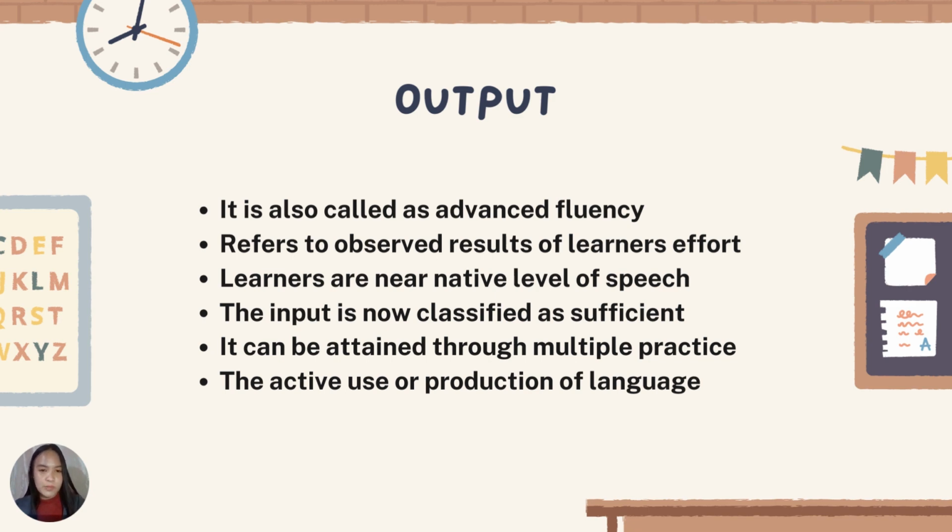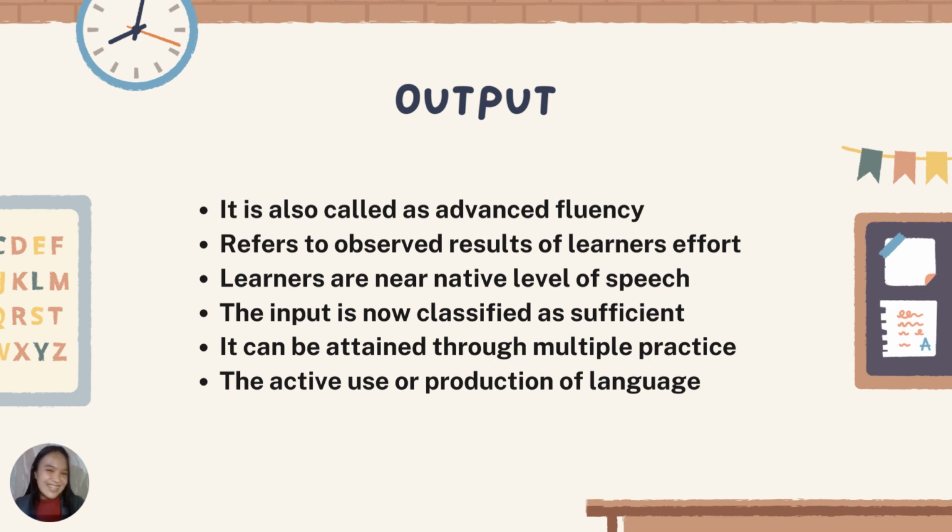Through rigorous practice in here, the speech level of the learners is now near native. Oh, bongga, di ba? So in here, the input is now classified as sufficient and it can once again be attained through multiple practice. And in here, the learners are now active users or producers of the language, which means that a learner can now produce an output through writing or through speaking fluently.